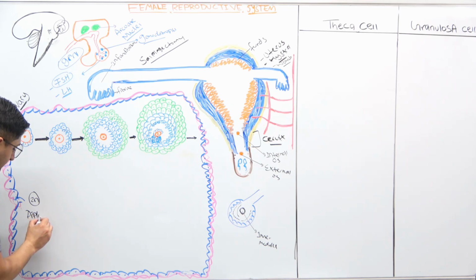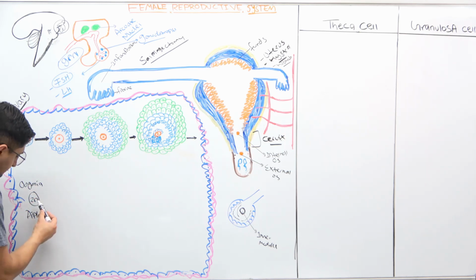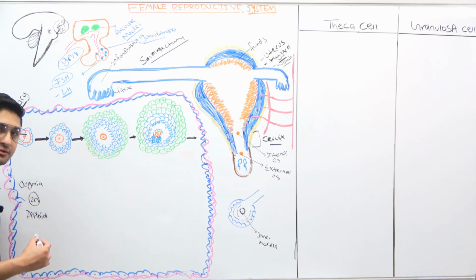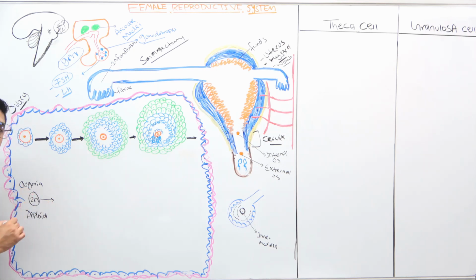This diploid cell is going to be my oogonia. This is still happening in intrauterine life: when the germ cells come from the yolk sac, they become oogonia.